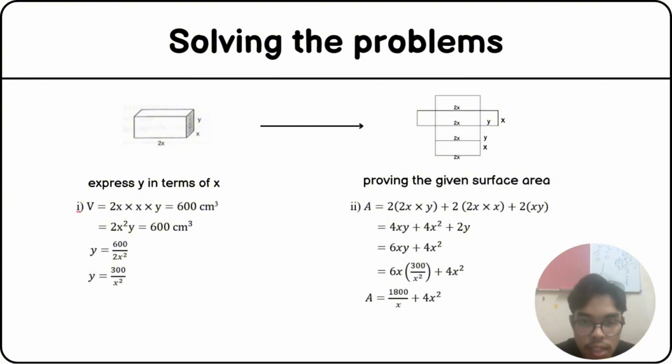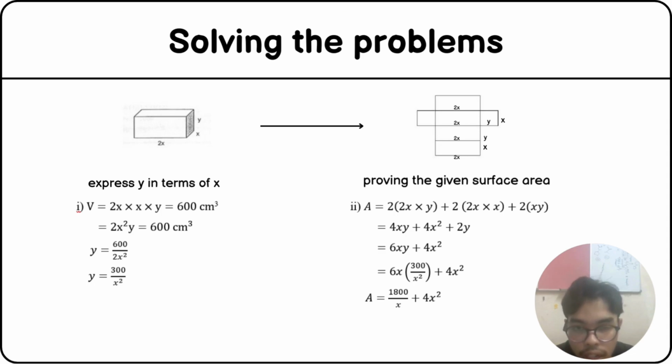So let's go to the calculation, where area is equal to 2 times 2x times y plus 2 times 2x times x plus 2 times x times y, equal to 4xy plus 4x squared plus 2xy, equal to 6xy plus 4x squared, equal to 6x times 300 over x squared, where y is inserted from the answer of the first question, plus 4x squared.